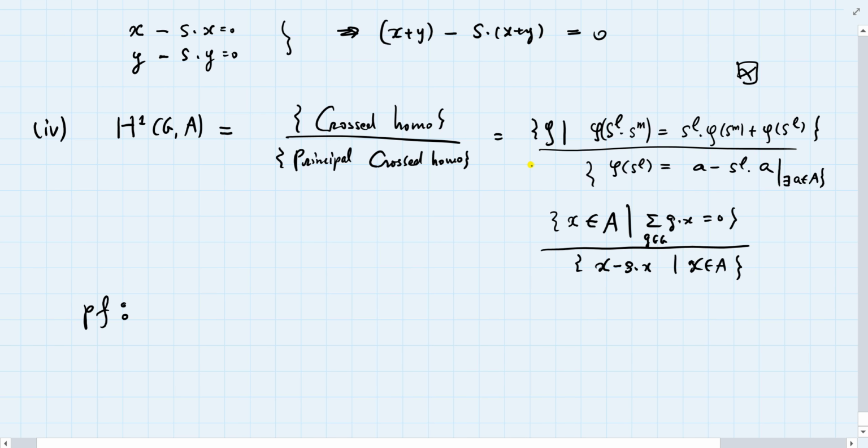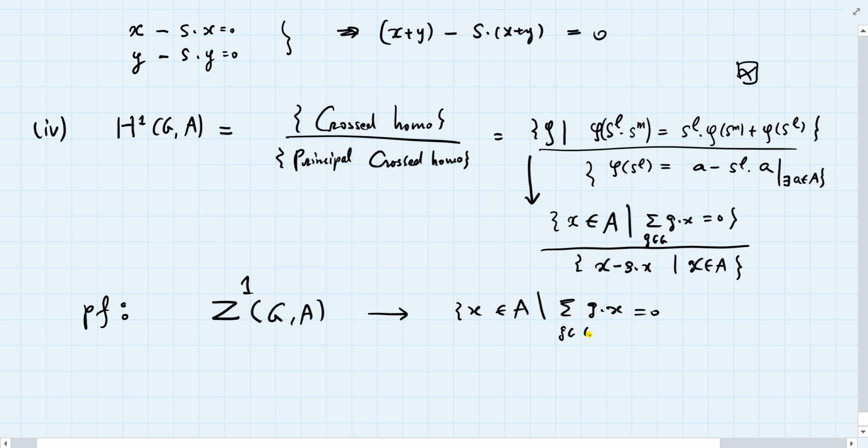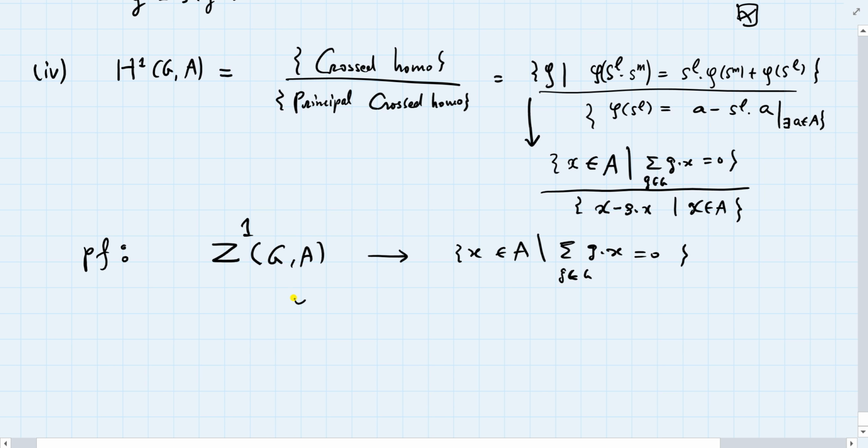So we build a morphism, which is our notations, by sending phi to what?